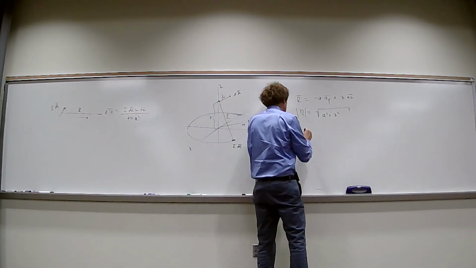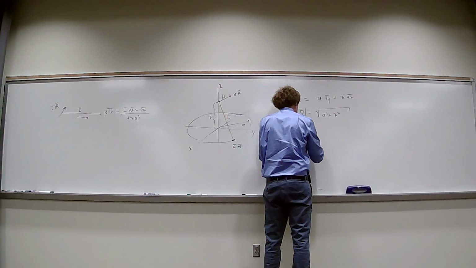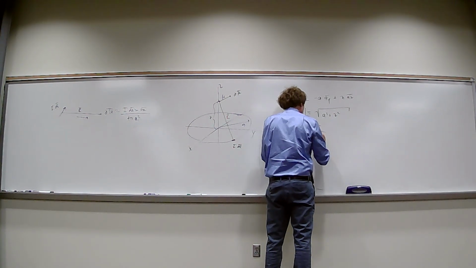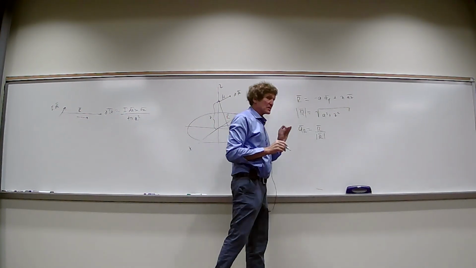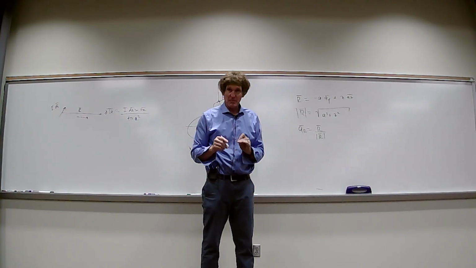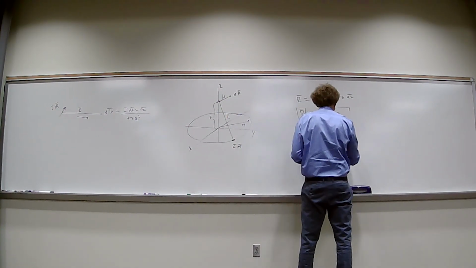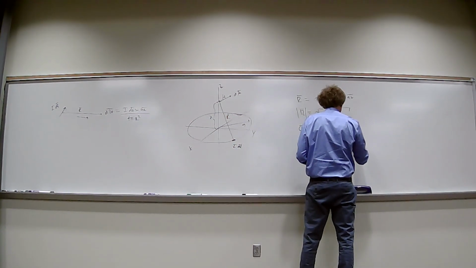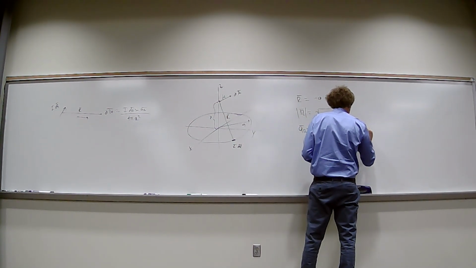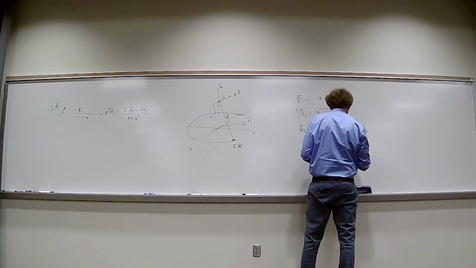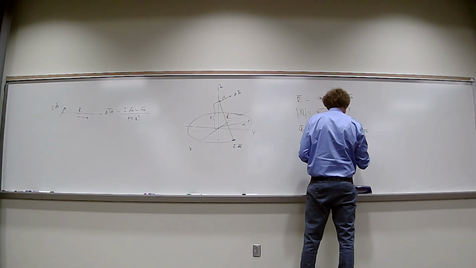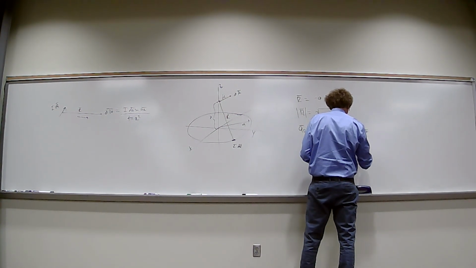Then if I want a unit vector, aR, that's always going to be the R vector over the magnitude of R. That's always the way a unit vector is determined. So that's simply equal to minus a aρ plus z aZ over the square root of a squared plus z squared.